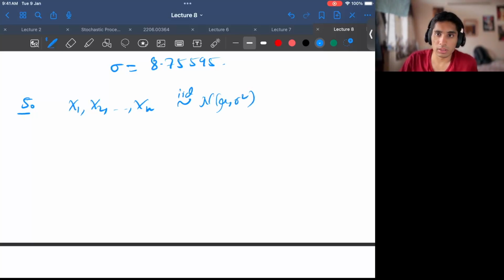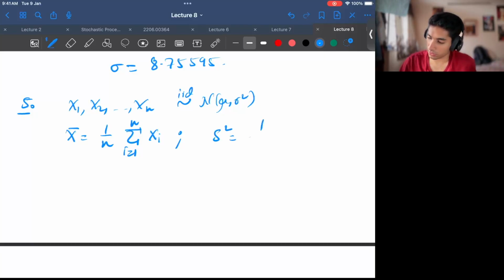And it is given to you that x bar is equal to 1 by n summation xi, i equal to 1 to n, and s square is equal to 1 over n minus 1 summation i equal to 1 to n of xi minus x bar square.